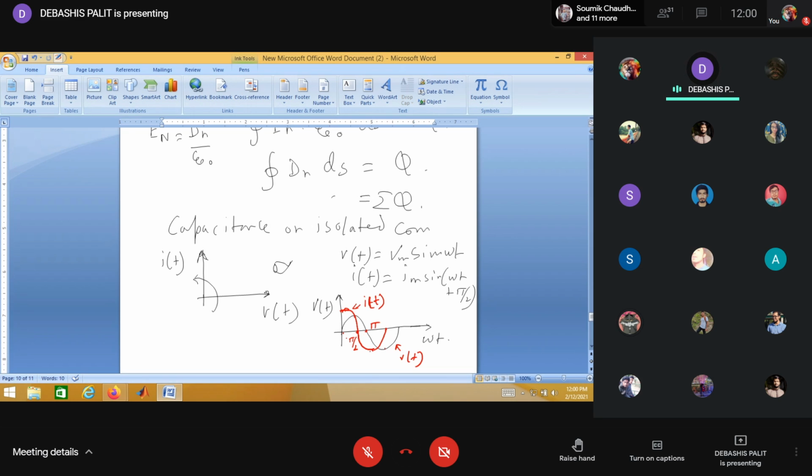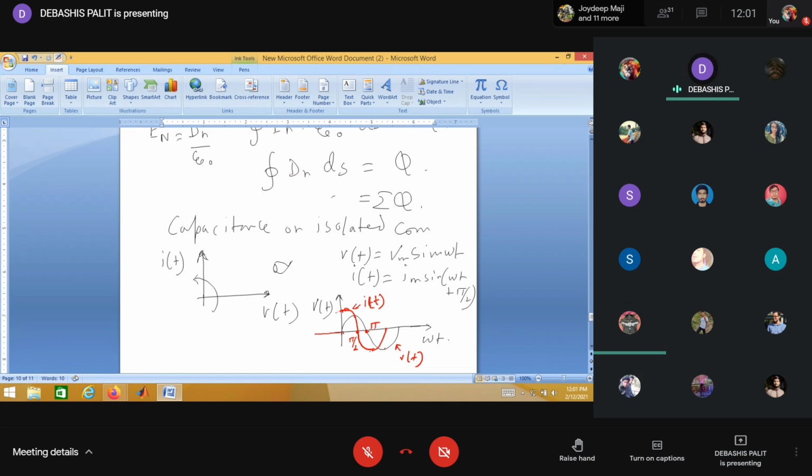Just like for a pure inductance, the voltage phasor always leads and the current phasor always lags. If this is a voltage phasor, then for a pure inductance, the current phasor will lag by 90 degree.